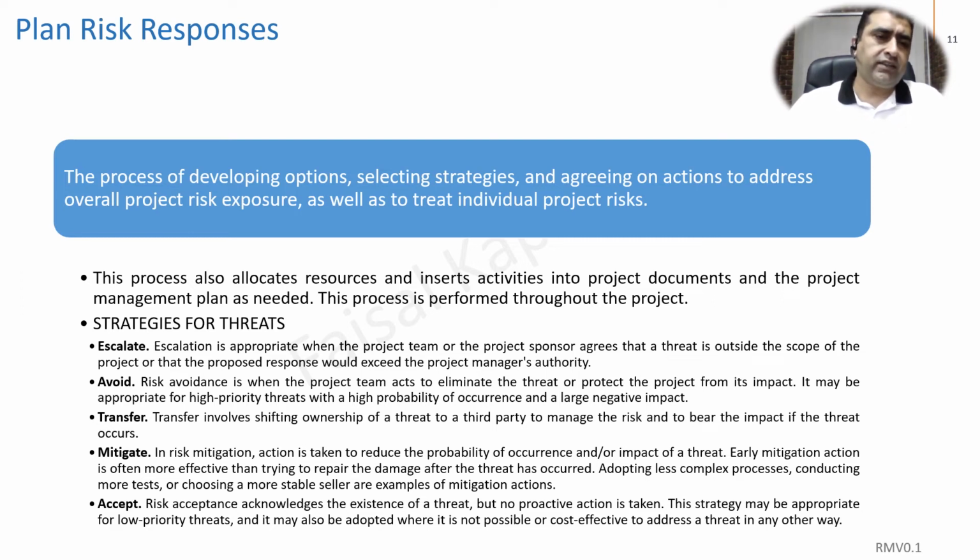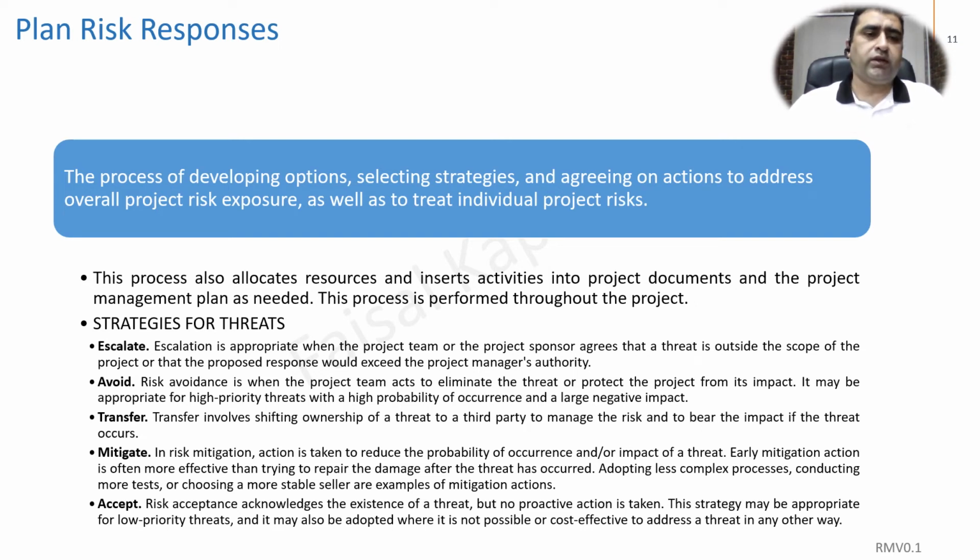Similarly, another strategy is transfer. Whenever there is a possibility to transfer the ownership of a particular threat, that strategy can be adopted. In case of any threat that can impact financially, you can go for insurance to transfer the risk to a third party.